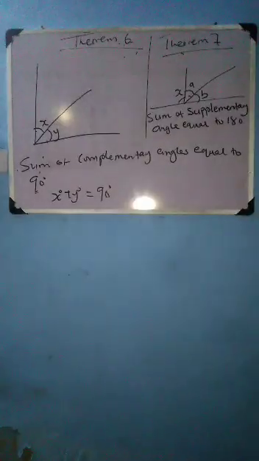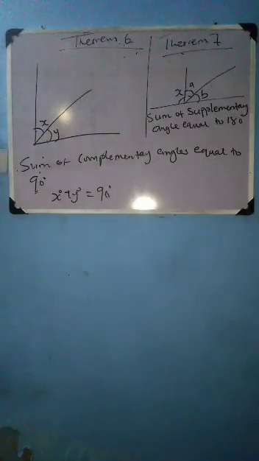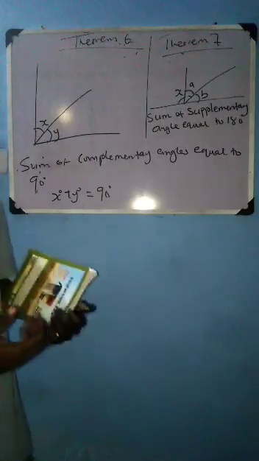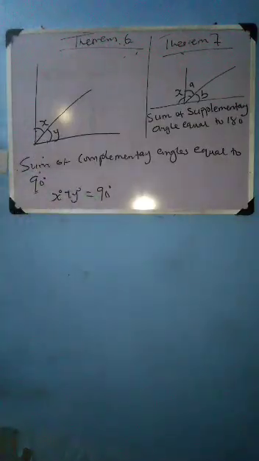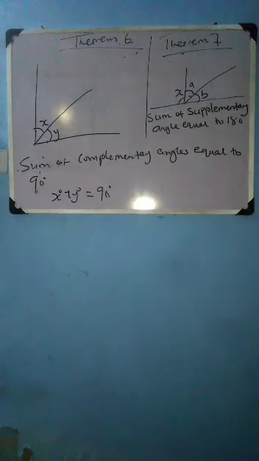So, the sum of complementary angles equals 90. Sum of supplementary angles equals 180 degree. Take it down. Are you taking it down? The other one, theorem 7.